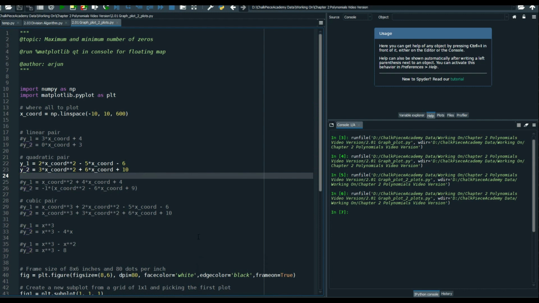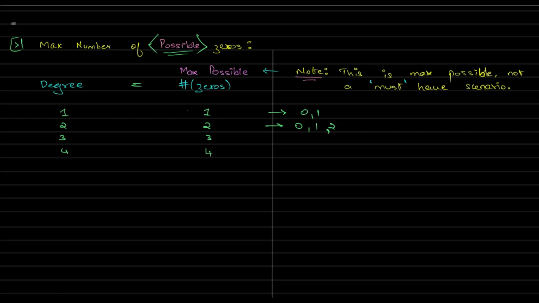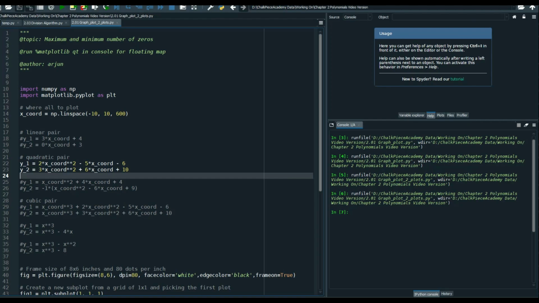So it is fixed. It won't cross your x-axis, and the number of zeros in that graph is 0. Again remember, the maximum possible zeros does not mean it should have those many zeros. It need not. So let's take one more example.